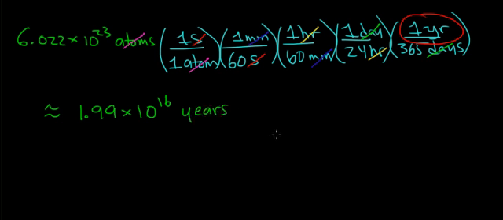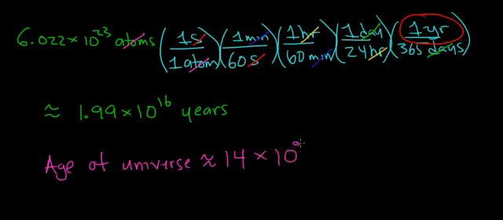Now what's really interesting, if you look at the age of our universe, depending on which estimate that you take, the age of the universe is about 14 billion years. So 14 times 10 to the 9th years.